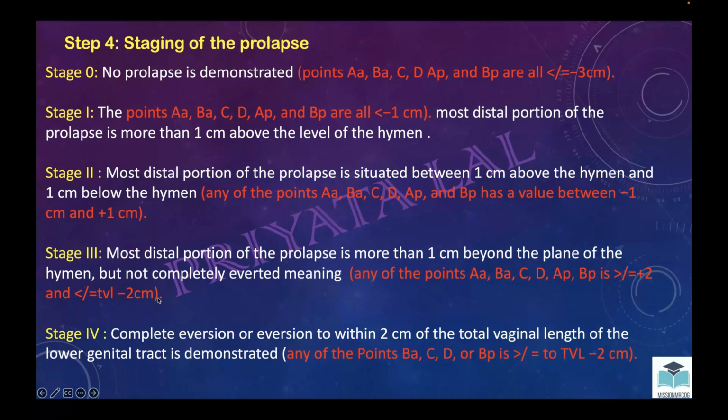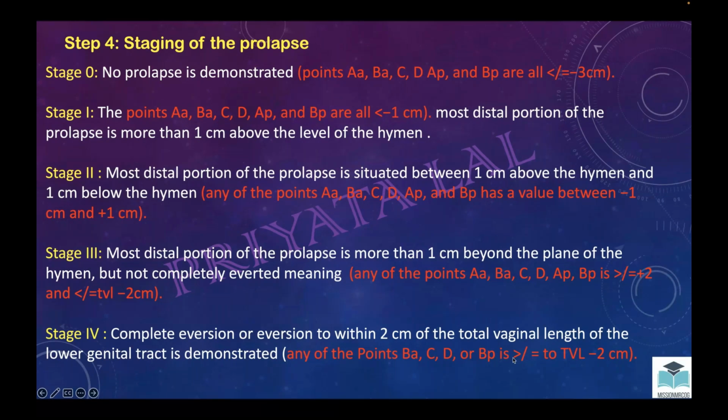And stage 4, any point like Ba, Bp, C and D should be more than TVL minus 2.